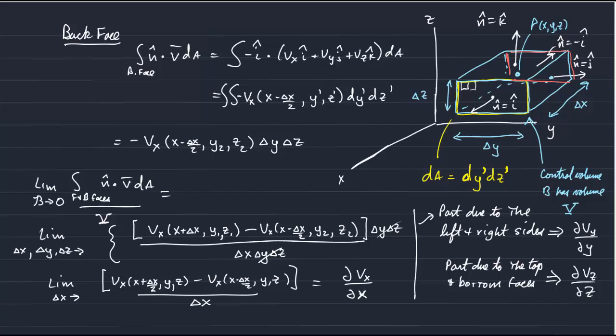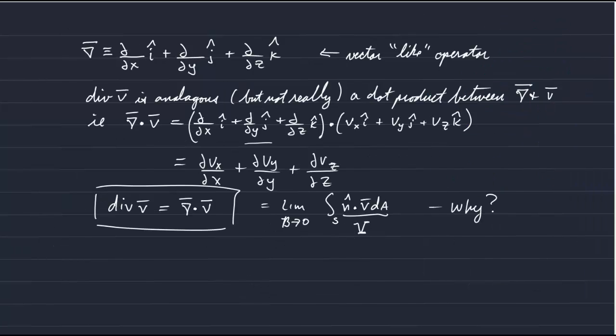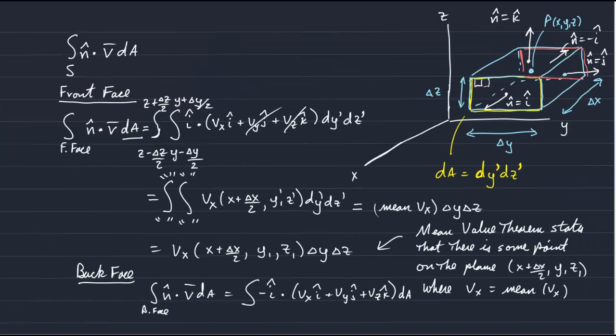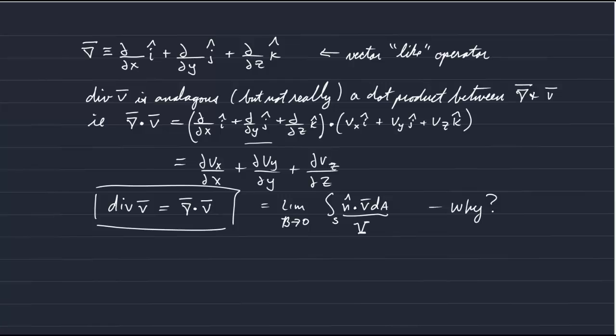And so again, we have to sum all those parts, and that is why the integral over the whole surface divided by V is equal to the sum of the partial of Vx with respect to x plus the partial of Vy with respect to y plus the partial of Vz with respect to z.